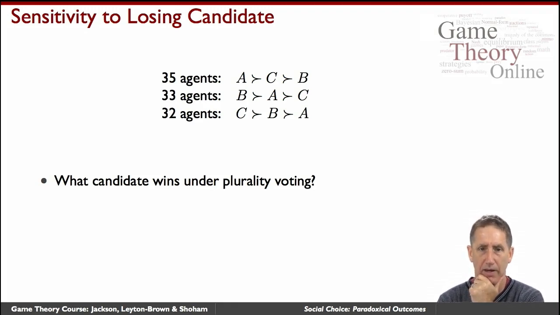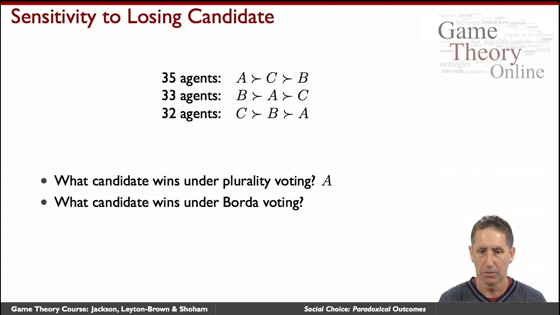Clearly under plurality voting, A would win, since A would get 35 votes, and the second highest would be B with 33. What would happen under Borda voting? This takes a little more thinking, and you might want to pause the video for a second.